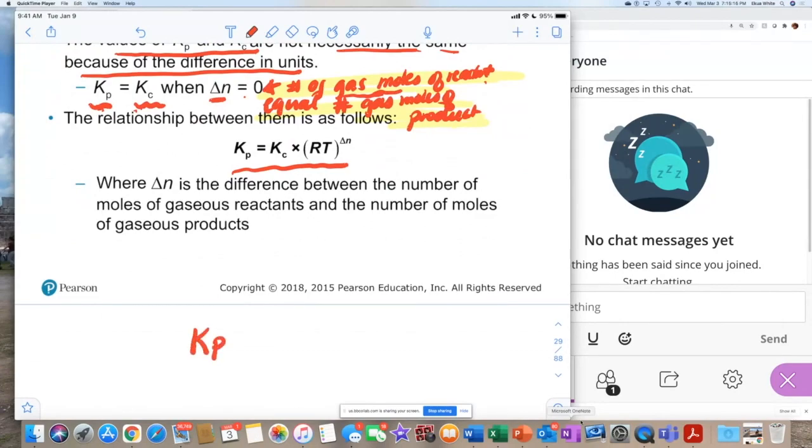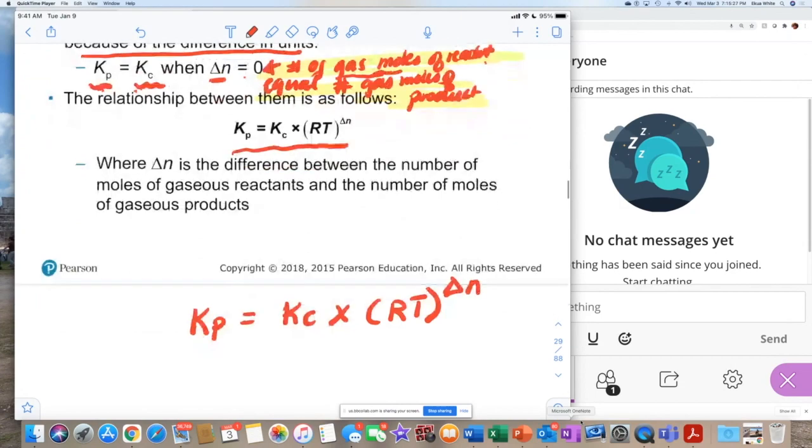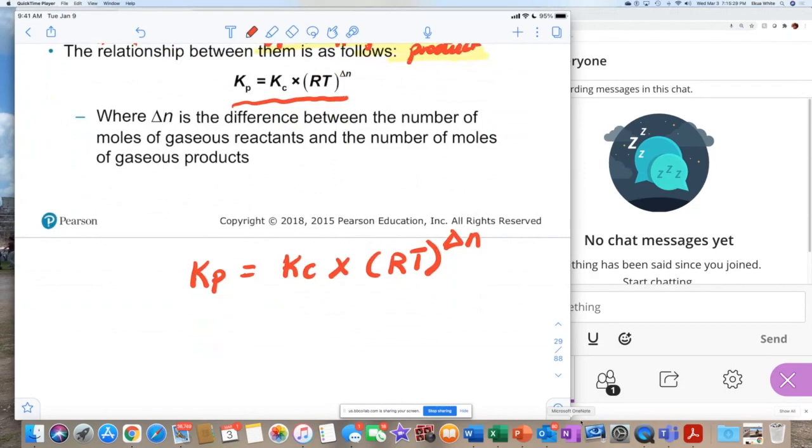Because at some point in my past, I had to memorize this. So you want to know how I memorize this? Mathematically, I use a lot of math to help me with chemistry, right? To remember stuff. Okay, remember how they said the change in number of moles has to be equal to 0? Change in number of moles here is referring to the product and reactant relationship.